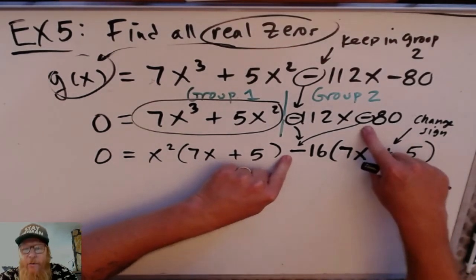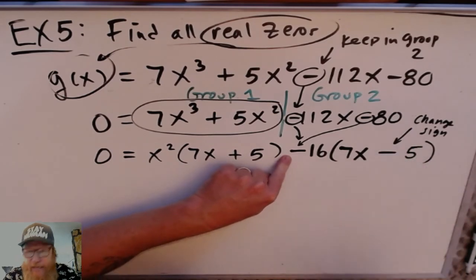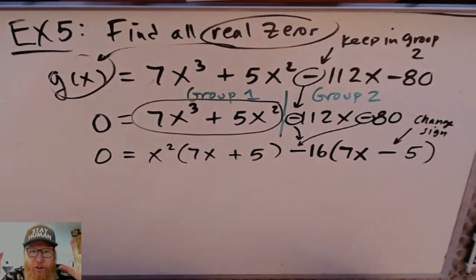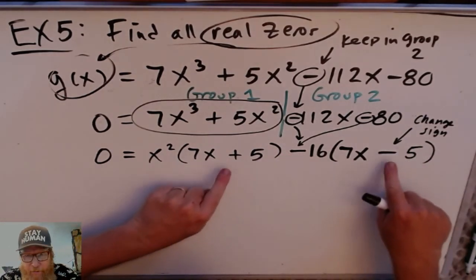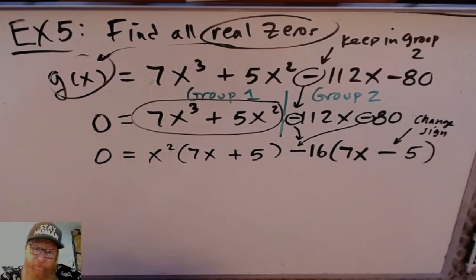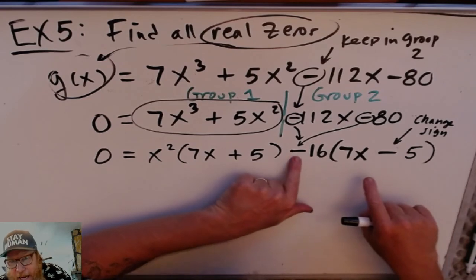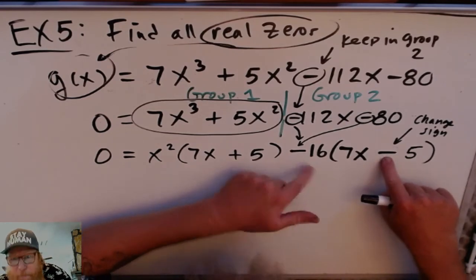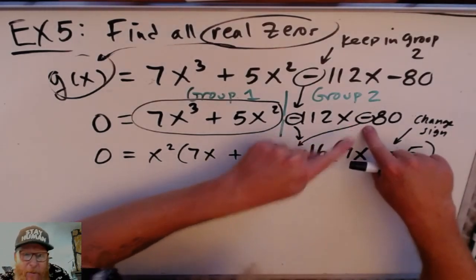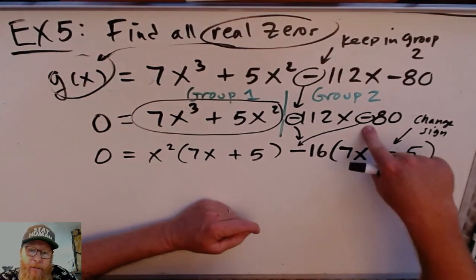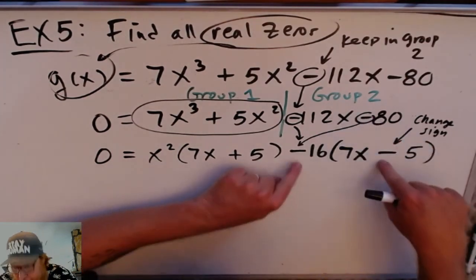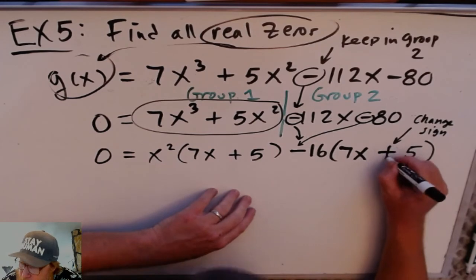So if you screw up and you accidentally leave that negative, there are 2 red flags. One red flag is these aren't the same. That's a huge red flag. These should be the same. The other red flag is a negative times a negative would be a positive 80, and that's not a positive 80. Now, if that was a positive 80, then this would be correct, but it's not. So there it is now.